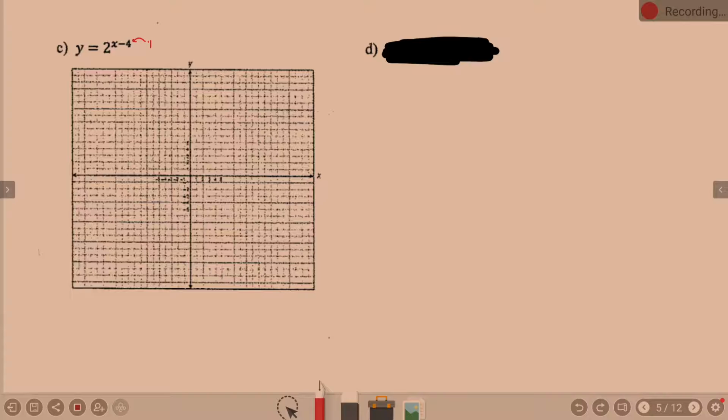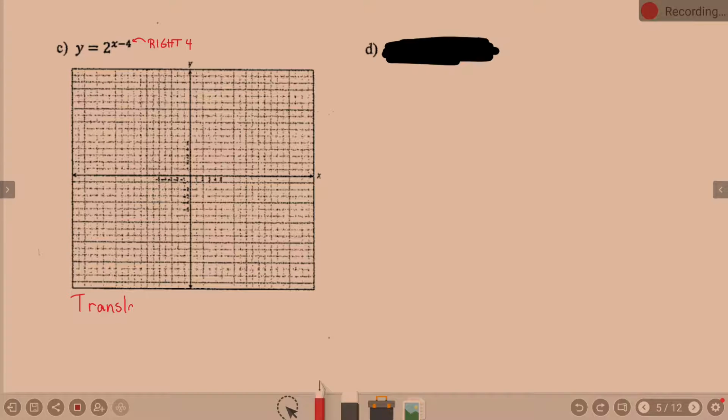And so that does mean that we are going to move right 4. The 2 is just your base. It's 2 to the x. There's nothing out front of the 2. No stretch, no shrink, no reflection. So the only thing we're going to do with this graph is it's going to be translated right 4 units.